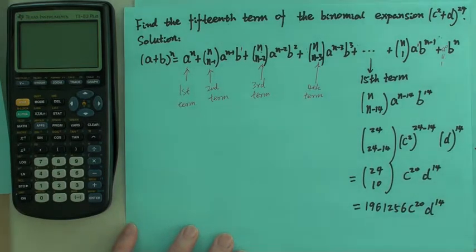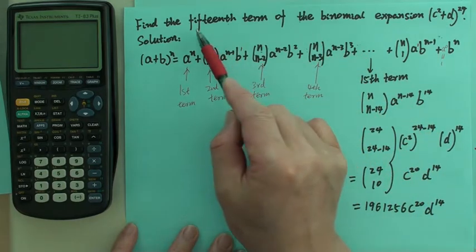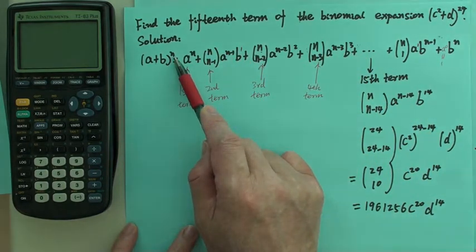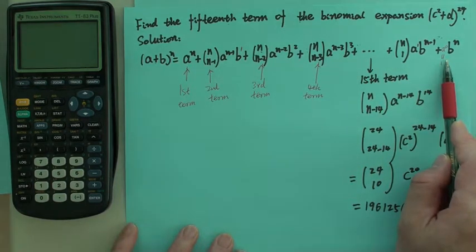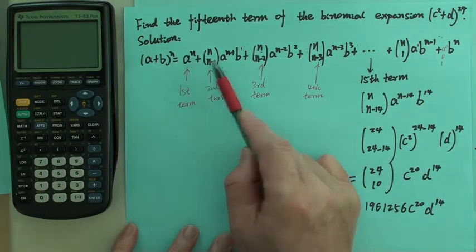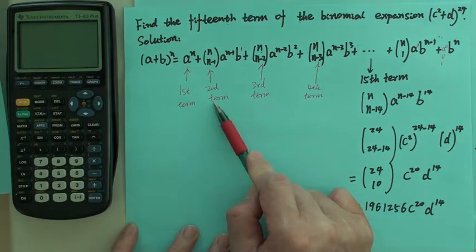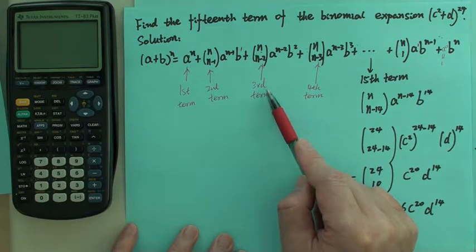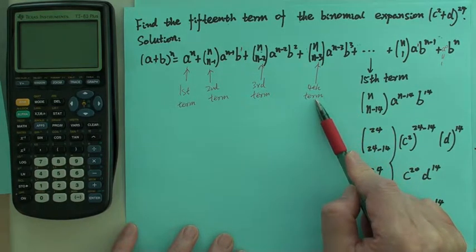Okay, and then we need the 15th term. Again, for n, you have n plus 1 terms. You want to keep in your mind: the first term is a to the n. The second term has n minus 1, the third term has n minus 2, and n minus 3 is already the fourth term.